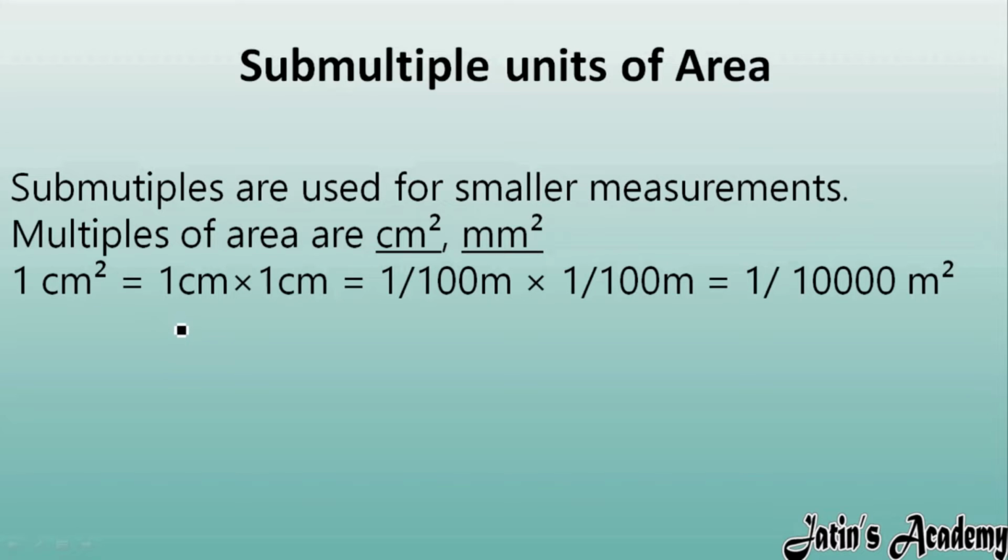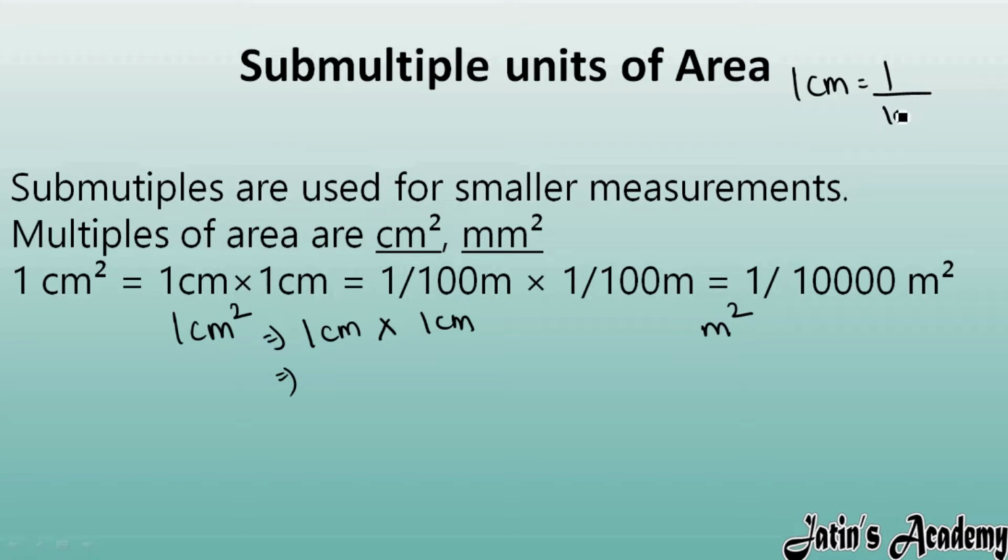Firstly, we are going to find the relationship between 1 centimeter square and meter square. Can I write 1 centimeter square as 1 centimeter multiplied by 1 centimeter? Because it is the same thing. 1 centimeter is equal to 1 over 100 meter. This is the relation between meter and centimeter.